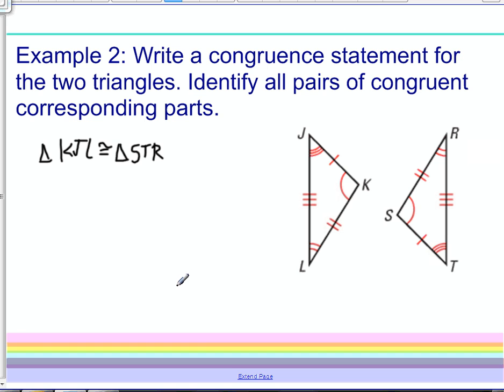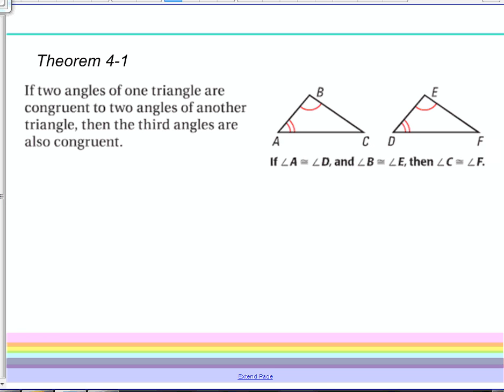All right, so in this section we have one theorem we're going to talk about. It is Theorem 4.1. It states if two angles of one triangle are congruent to two angles of another triangle, then the third angles are also congruent. So if you look at this particular picture, we have angle B and angle E, which are congruent to each other.